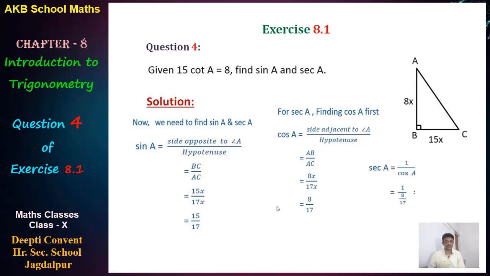Now sec A equals 1 upon cos A. So 1 upon 8 by 17, that is sec A equals 17 by 8. Okay, so these are the values: sin A is 15 by 17, sec A is 17 by 8. This was the solution of question 4 of exercise 8.1.